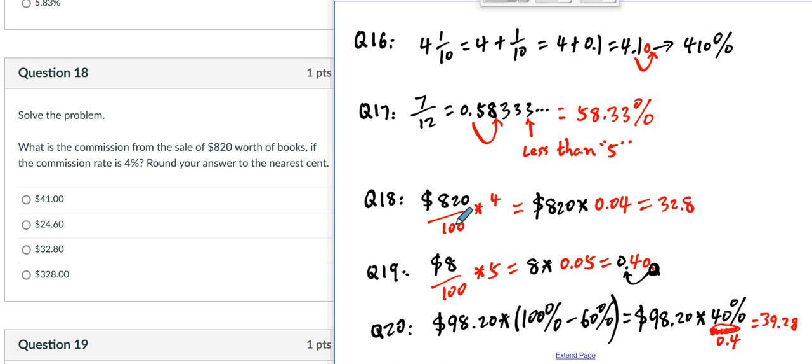And we know 4 divided by 100 is 0.04, which is actually the meaning of 4%. So by this operation, it is 4 times 820 divided by 100. And here is just 820 times 0.04.